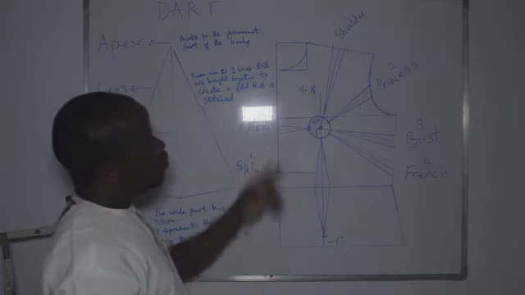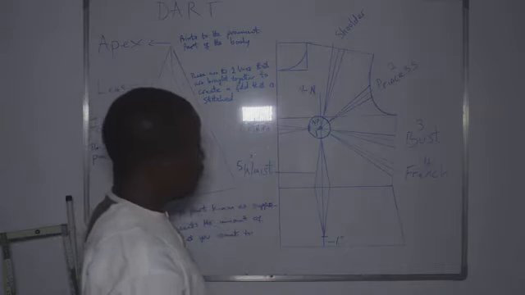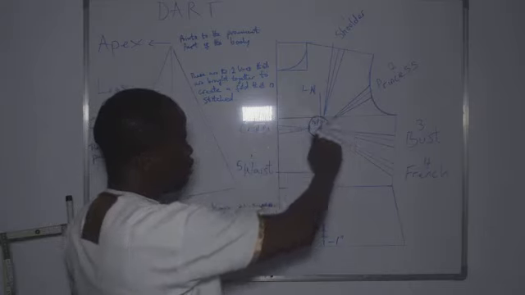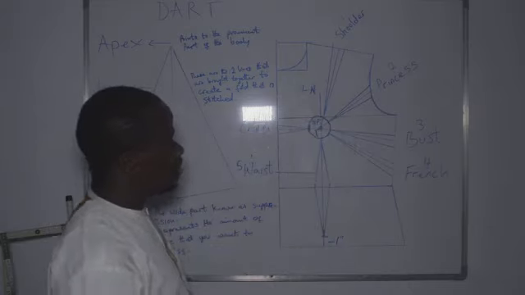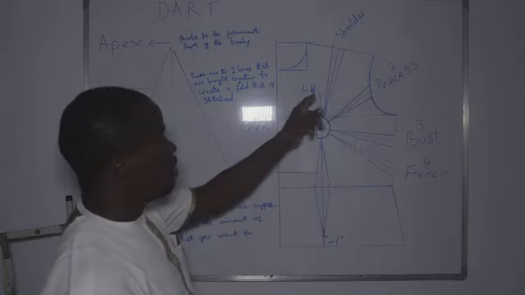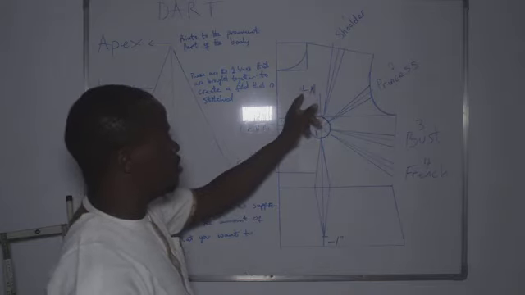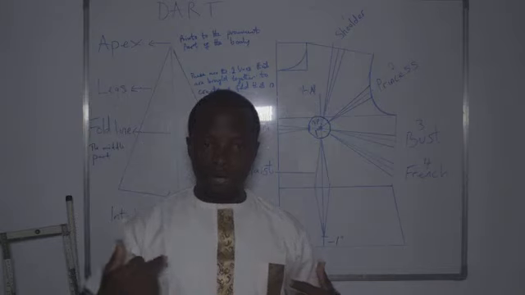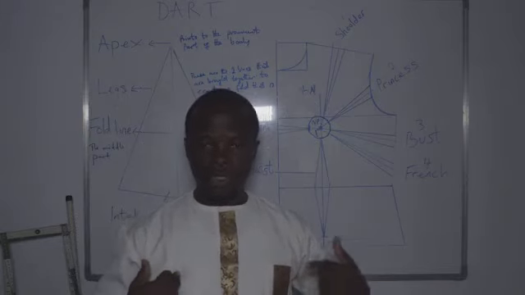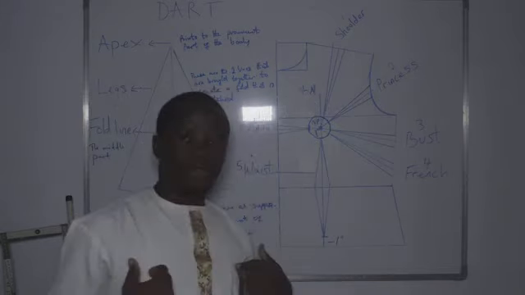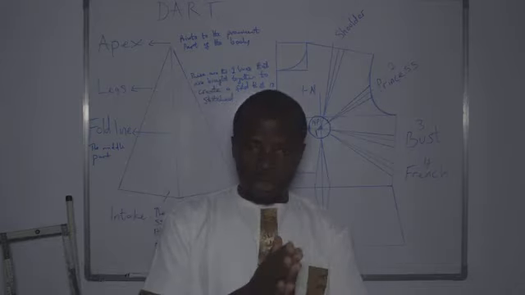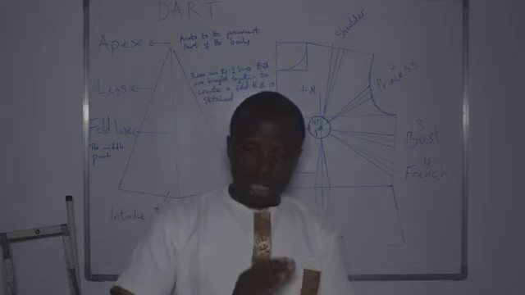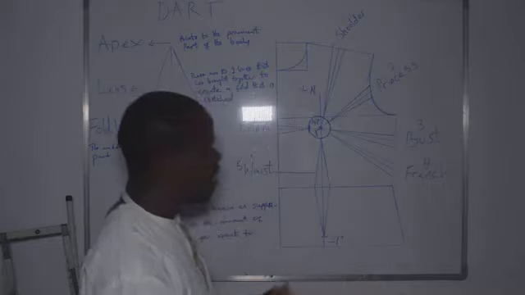Now, I want you to observe some principle here. I form a circle here. When you want to construct a dart, the first thing you need to do is to get the nipple to nipple points, end to end. You measure on the individual from the first nipple to the other, and then whatever you get, you divide it into 2, and then you add sewing allowance, which is half an inch.